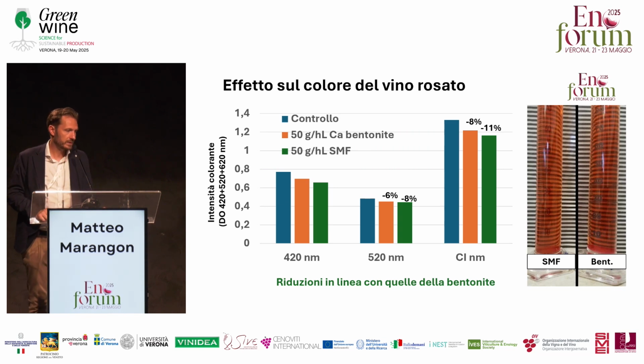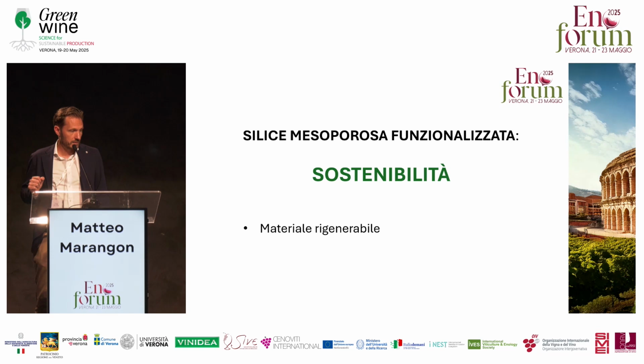Same concentration of bentonite and SMF, 50 grams per hectoliter. And we see that the outcomes are in line with those obtained with bentonite, which you see there, bentonite reduced by 8%, and in this case it is 6 or 8%, so a limited impact on rosé wines.